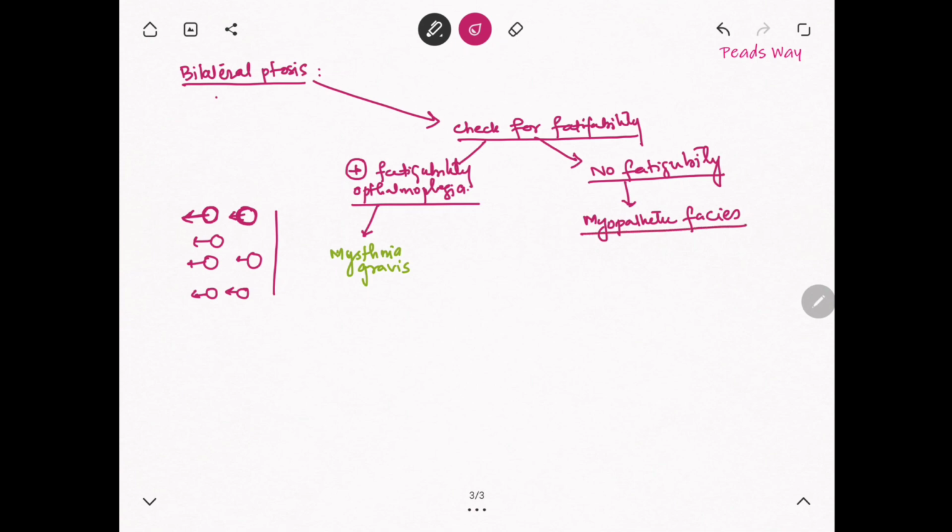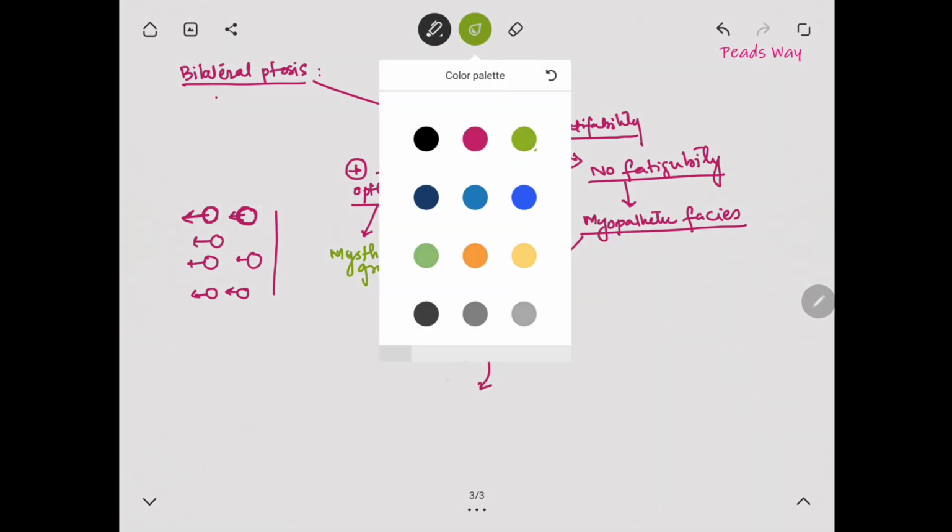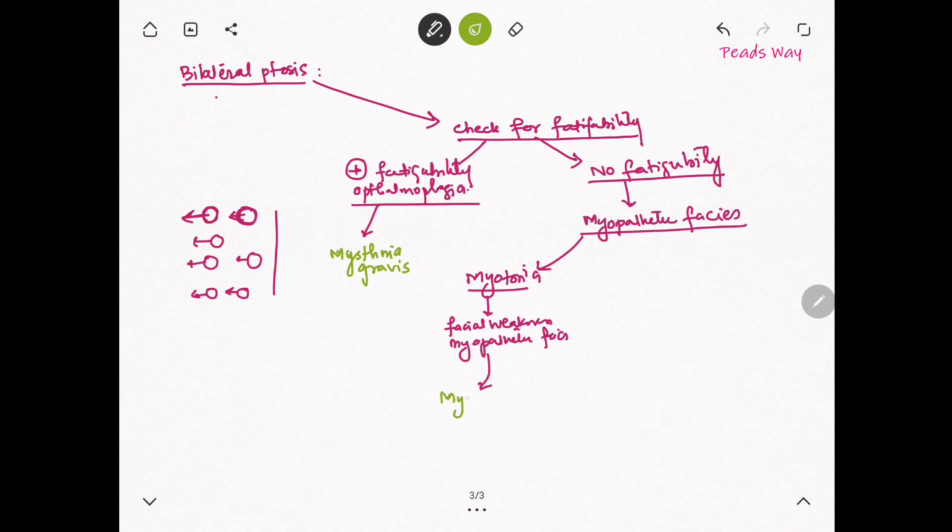If you find that there is no fatigability but the patient has myotonia, myotonia is facial weakness, and myopathic facies, we can label him as myotonic dystrophy.